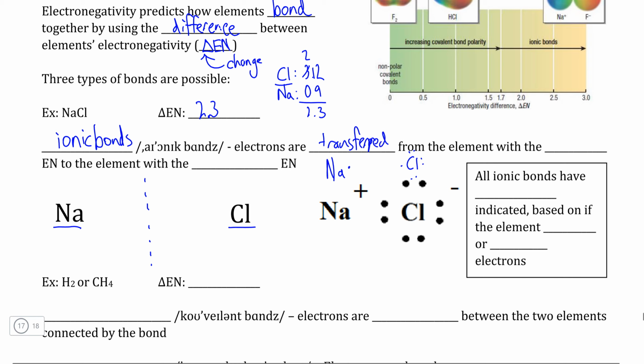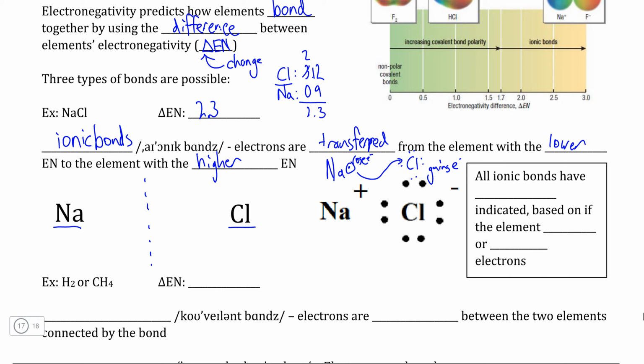In other words, the unpaired electron is transferred from the element with the lower electronegativity, that is very poorly able to hold onto its own electrons and take electrons from another element, and this electron is transferred to the element with the higher electronegativity, or the element that is much better at gaining electrons, and the result of this is that sodium loses one electron while chlorine gains one electron. Electronegativity is just the justification behind how this happens.